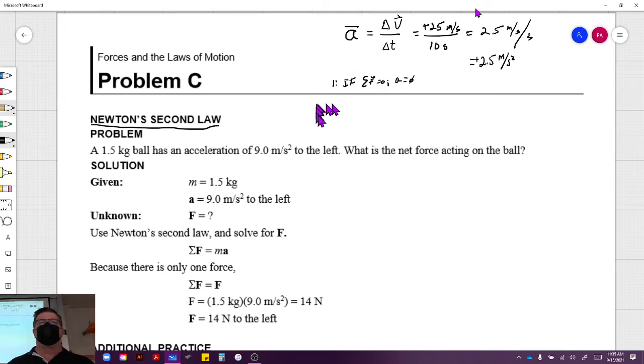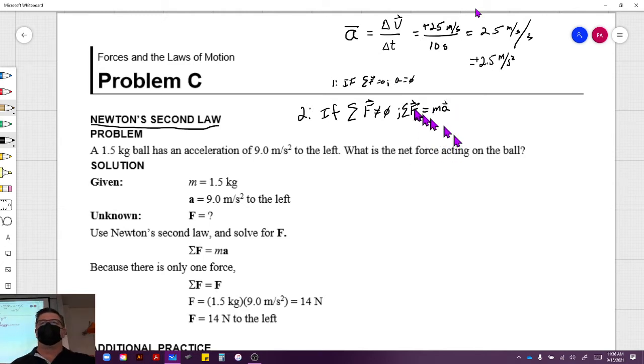Well, Newton's second law is, if our net force does not equal 0, then our net force, the sum of our forces, will equal the mass of the object times the acceleration of the object.